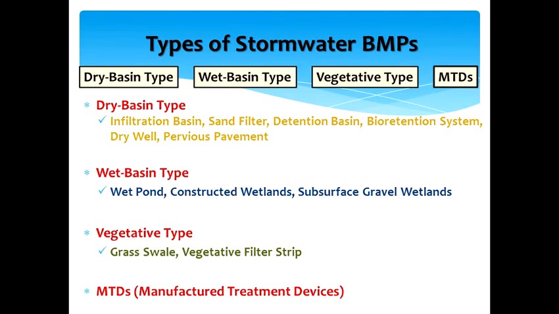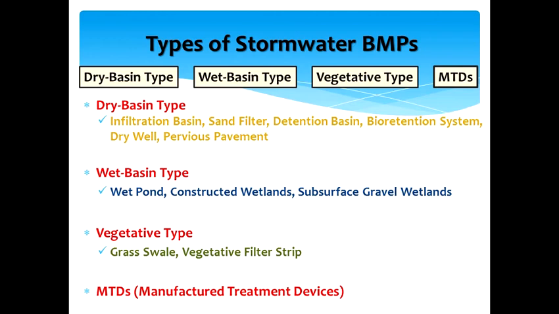After understanding the functions of stormwater BMPs, let's take a moment to see what basic attributes are normally present. Generally, for maintenance purposes, the stormwater BMPs can be categorized into 4 types: dry basins, wet basins, vegetative BMPs, and manufactured treatment devices.